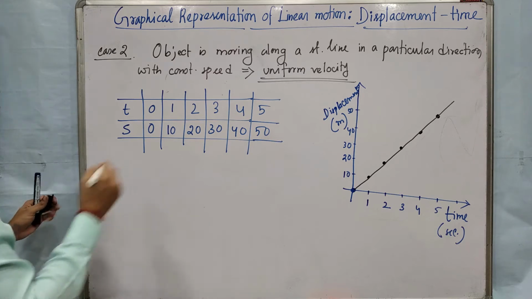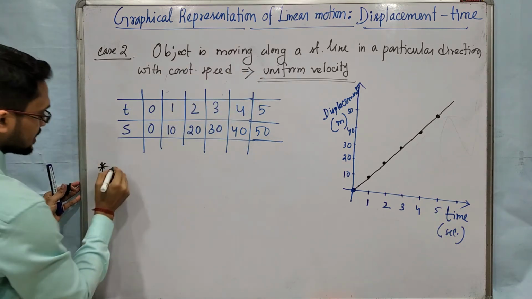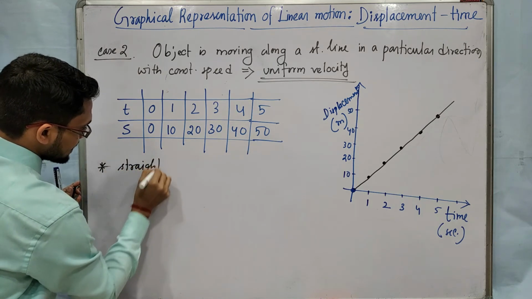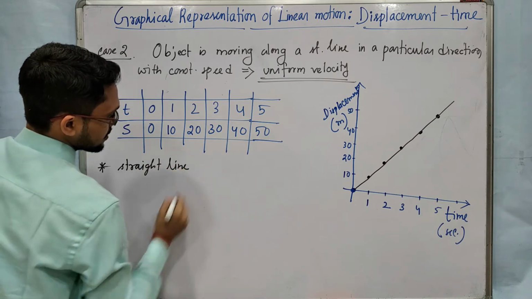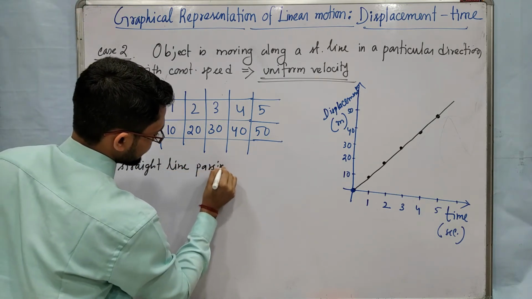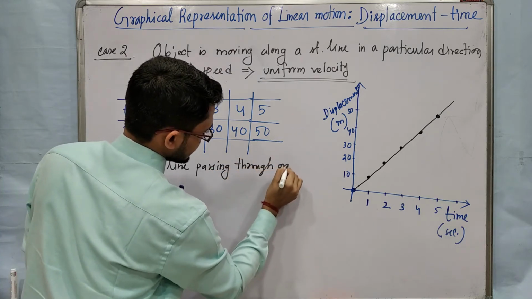Okay, so how will you write this? So for this uniform velocity, graph will be straight line, okay, straight line and passing through origin.